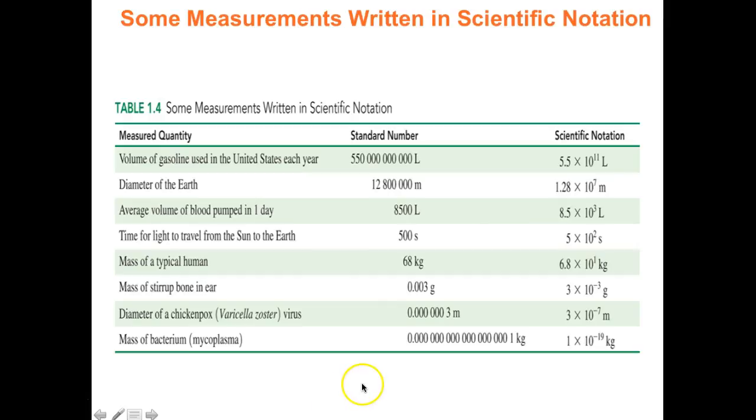Or if you have a number that's much less than 1, like here, again, it's way easier and it conserves time and space to write it in scientific as 1 times 10 power negative 19. All right. So when you have numbers greater than 1 or much less than 1, it makes sense to write it in scientific to save time and space.